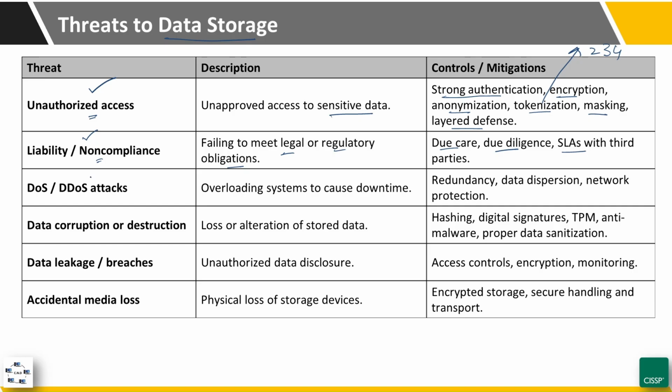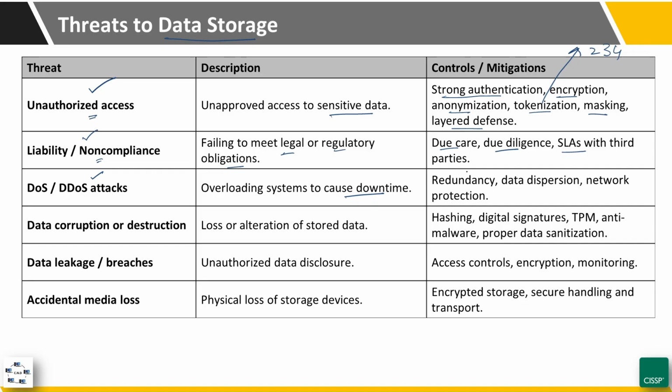Next threat is the denial of service attack and distributed denial of service attack. During these attacks, the system is overloaded with a flood of traffic, which causes downtime to the legitimate users. And how can we mitigate this, or what are some of the controls against these attacks?